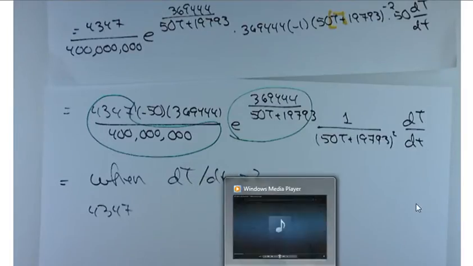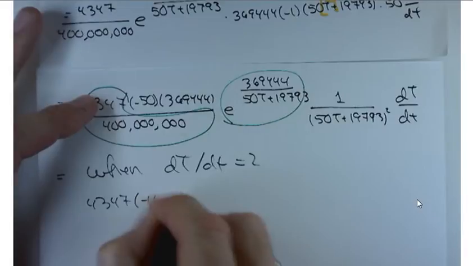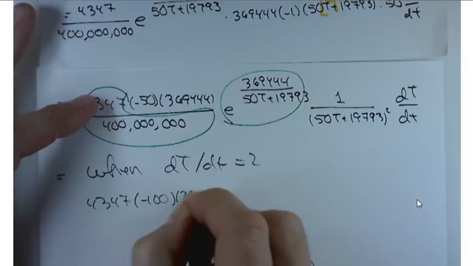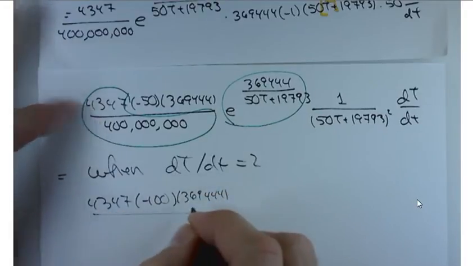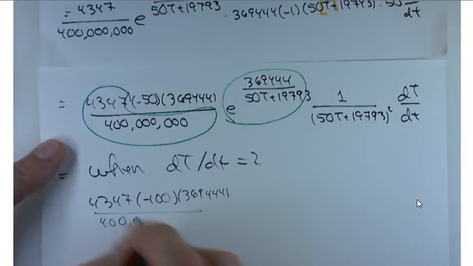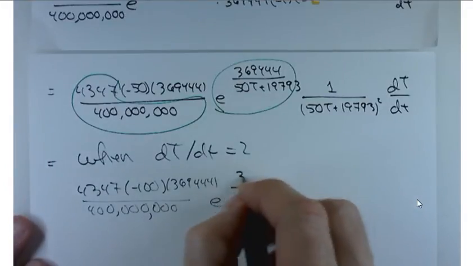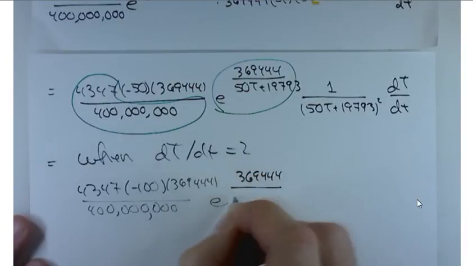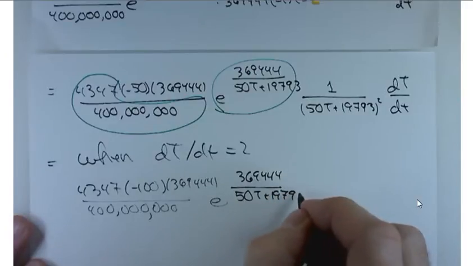Yes, thank you. 4347 times a negative 100 times that 369444 number over 400,000, or 400 million, I should say. Three, 6, 9, 4, 4, 4, 50t plus 19793.